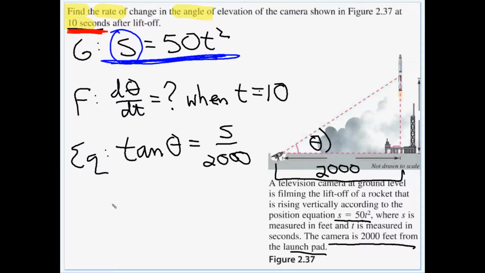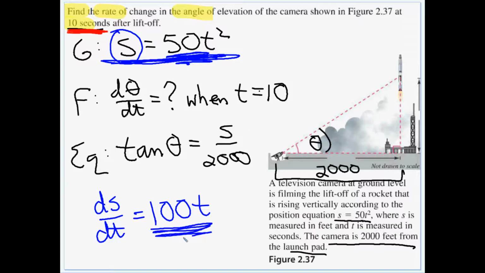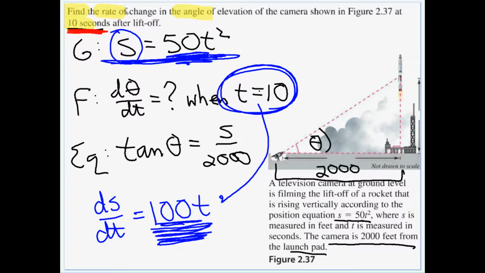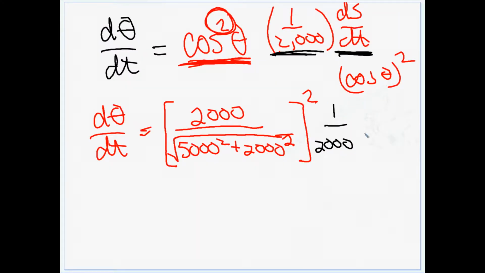So if we derive that s, we're going to get a ds with respect to time. And then this makes it nice. We derive with respect to the same variable. So that derivative is just 100 t. So ds dt is 100 t. And remember, we're stopping when time is 10. So that's going to be 100 times 10, or 1,000. So this ds dt is equal to 1,000.